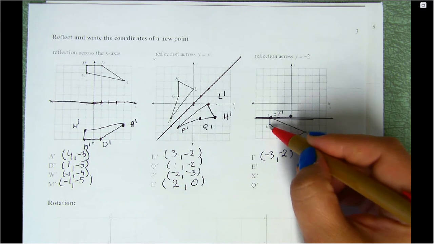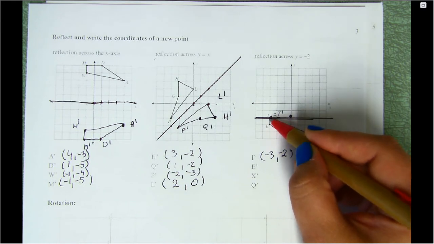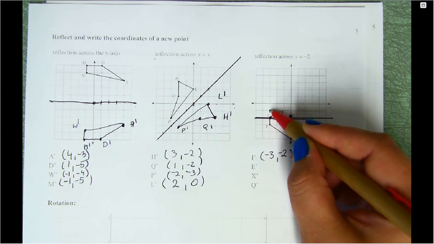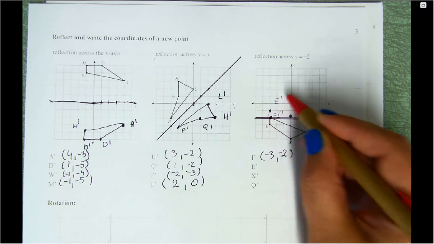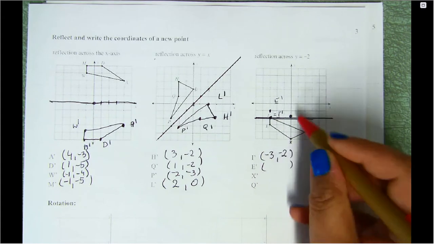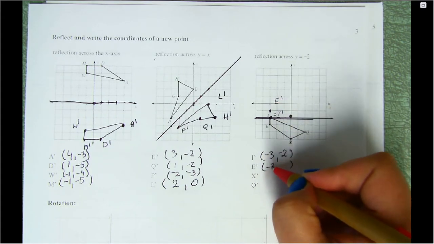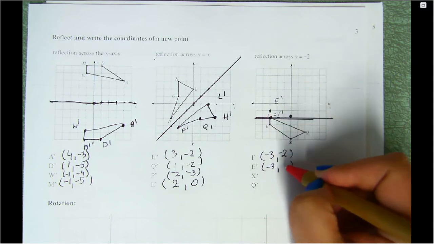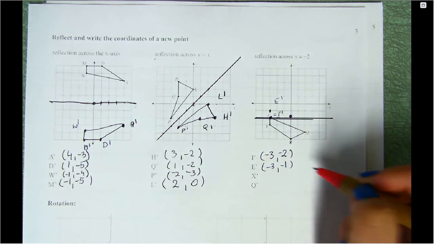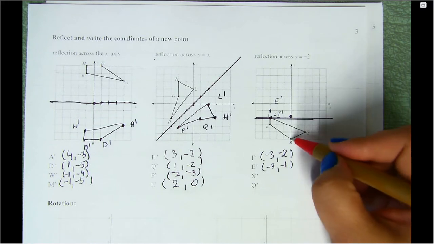Okay, so E. E is only 1 point away from my line of symmetry. That means it should be 1 point away on this side. So that's E prime. And E prime is at negative 3 for x, and 1 down, so negative 1.